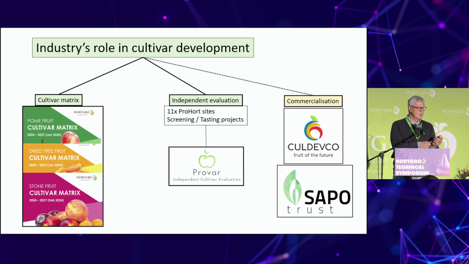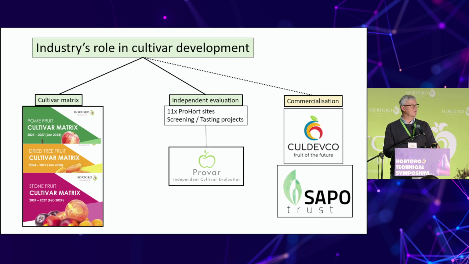A decision was made, it took a long time to get to that point, where the industry decided that the focus area for industry funds needs to be on an area where growers were losing money from planting cultivars that weren't suitably adapted. So there was a shift towards supporting independent scientific evaluation.